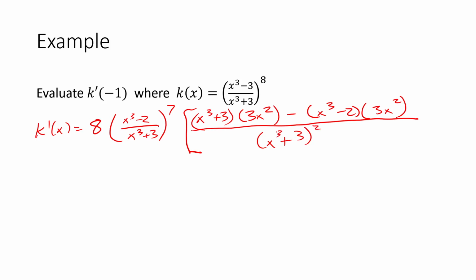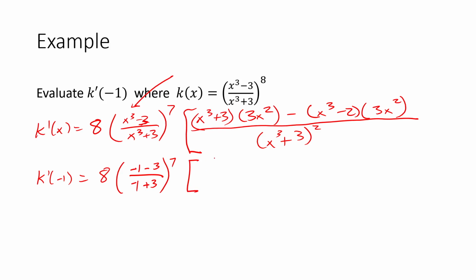Now this question is asking us to evaluate that at an x value of -1. So k prime at -1 will be equal to 8 times. Now -1 quantity cubed is -1. Oh sorry, this is a 3, little typo in that earlier. So this x cubed value right there, if x is -1, that'll also be a -1. Everywhere I see x cubed, I'll put -1 because -1 quantity cubed is -1.